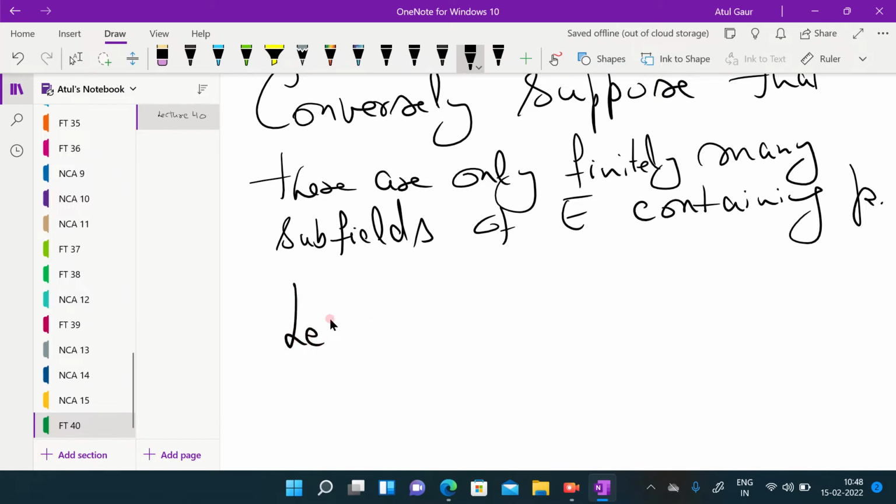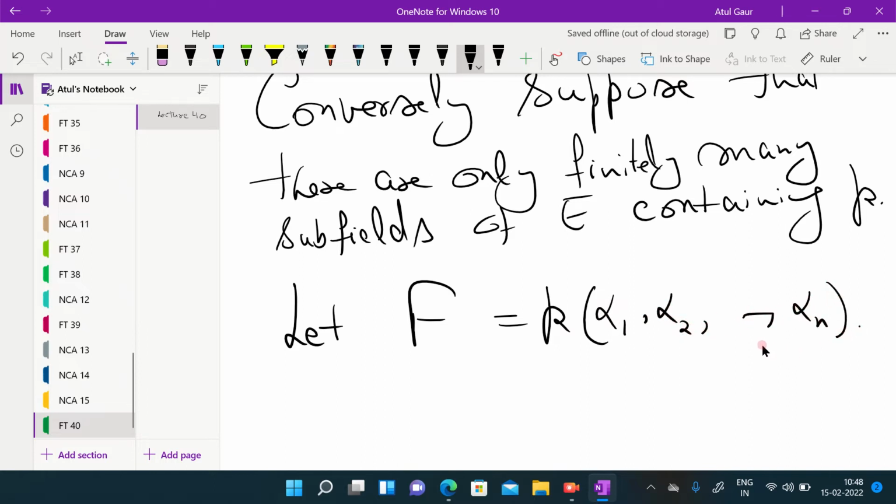So let's say F is K(α1, α2, ..., αn), और ये finitely many elements होंगे because extension is finite extension. So what I want to prove the result, because what I'm looking for, I want to find a primitive element, right?